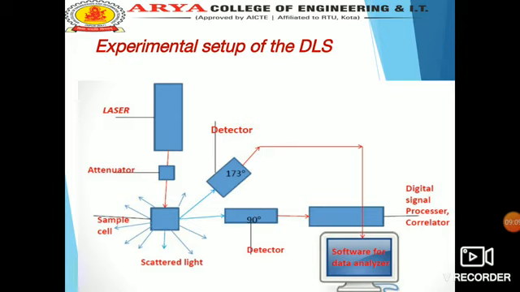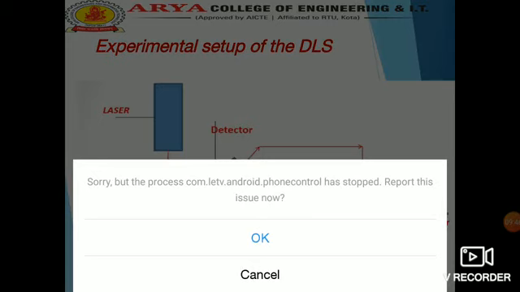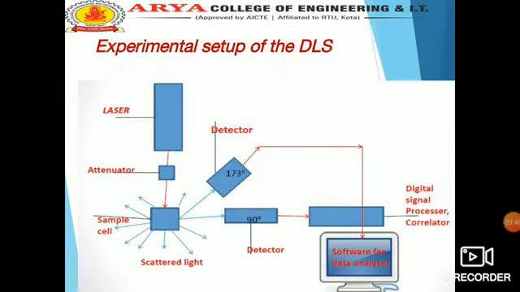On the sample cell, the signal is scattered in different directions. One detector is at 173 degrees, and the other detector is at 90 degrees.